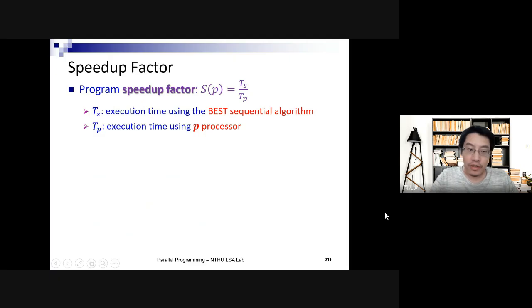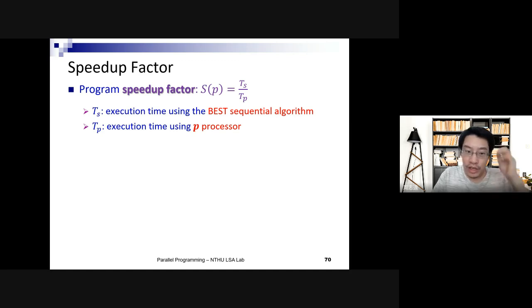Okay, so the first performance metric, also the most important one you must remember, is the speedup factor. The equation is quite simple, as you can see over here. The definition of the speedup factor is the time of your program run sequentially divided by the time of your program run in parallel.